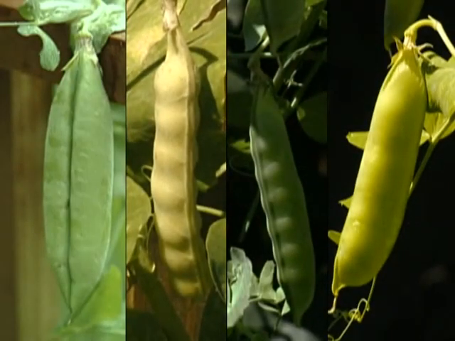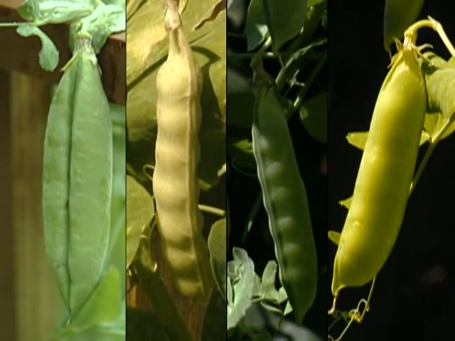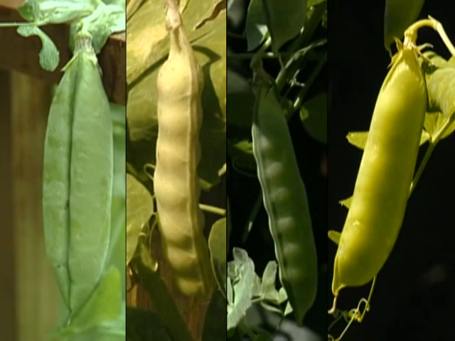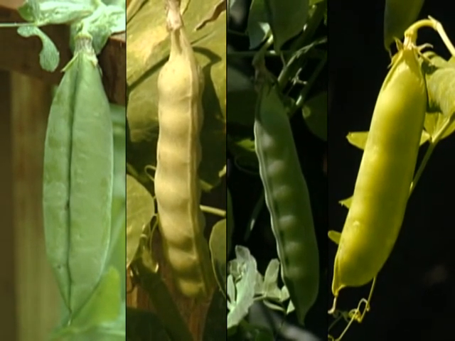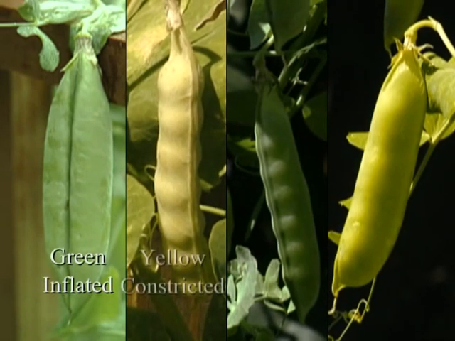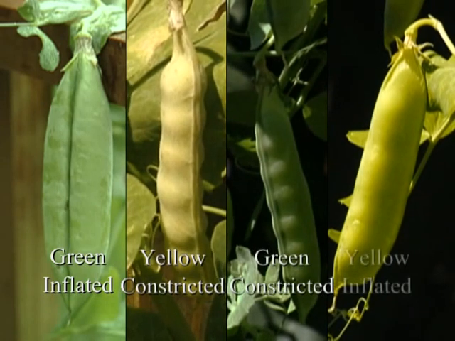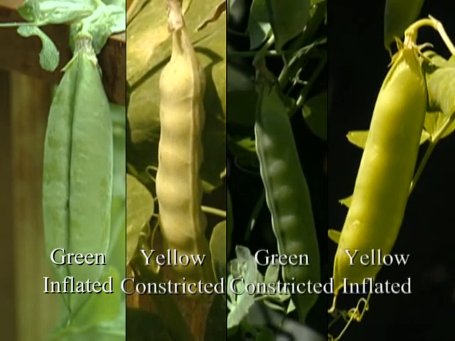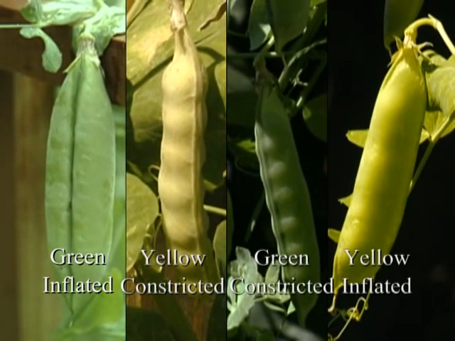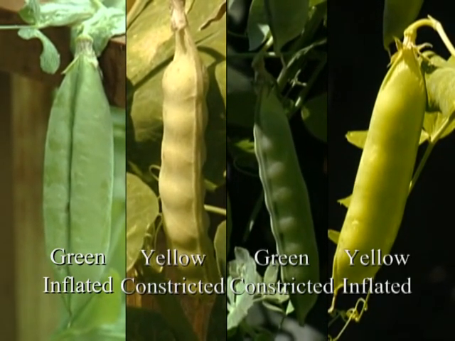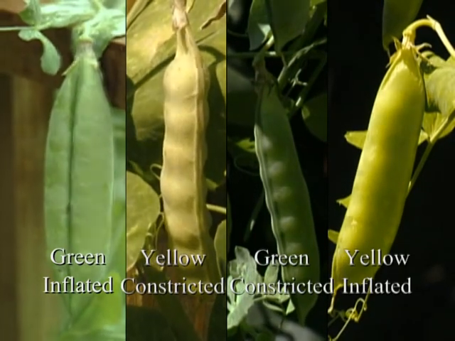However, if the alleles for green and inflated, yellow and constricted separated independently of one another during gamete formation, then the F2 generation should have 4 phenotypes: green inflated pods, yellow constricted pods, and, in addition, green constricted and yellow inflated pods. The alleles for the traits Mendel was studying separated independently during gamete formation and thus produced an F2 generation with the 4 phenotypes just mentioned.